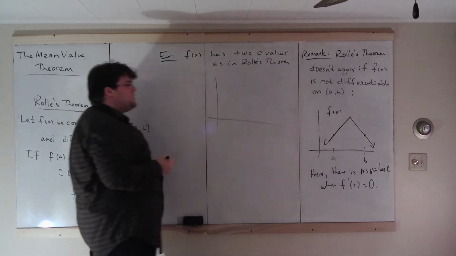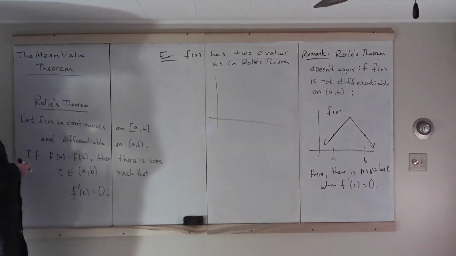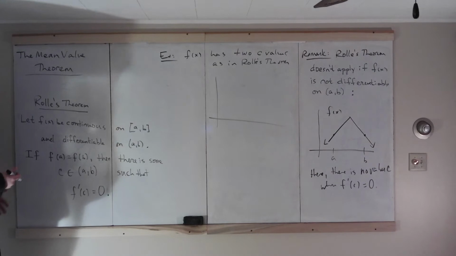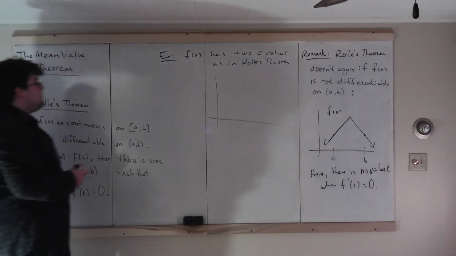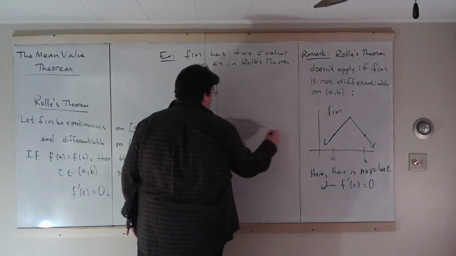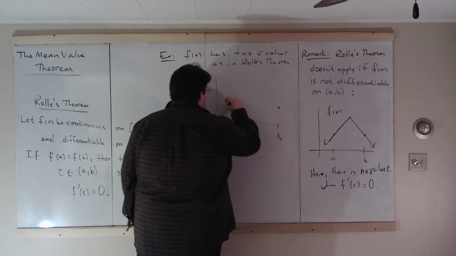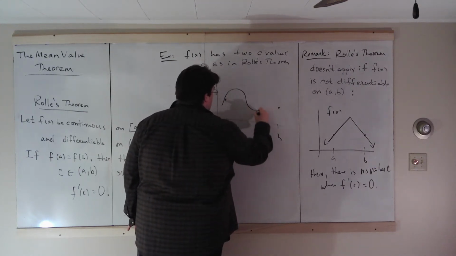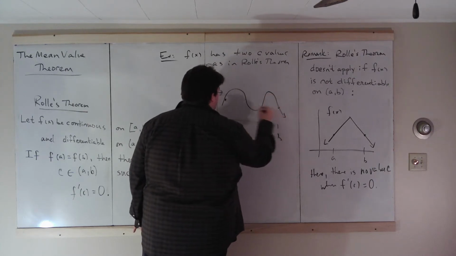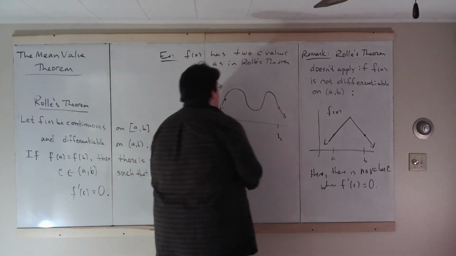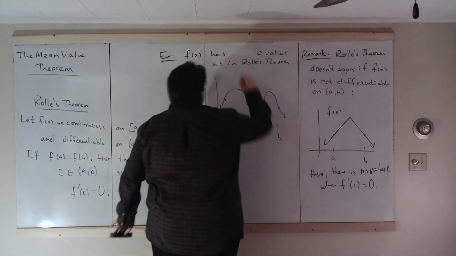So right here we're going to demonstrate a function where there is more than one c value. f of a equals f of b. Well, it could look, okay, let's call it 3 c values. There are 3.